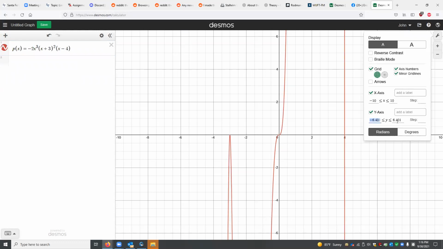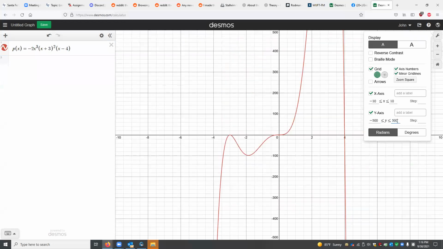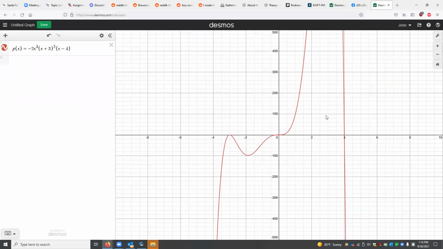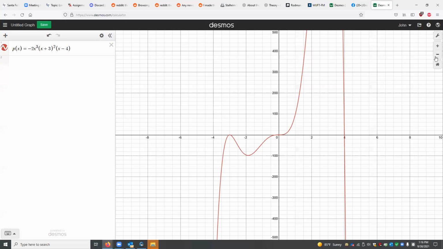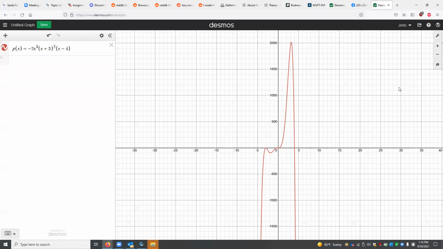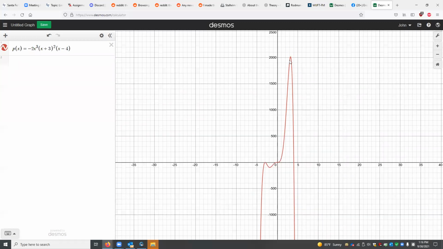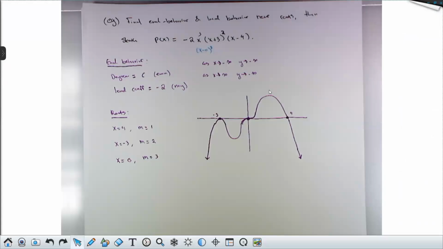So I'm going to go from negative 500 to 500, just to, whoa, look at that. Not bad. Now, the actual graph blows way up to like 2000 there, whereas mine doesn't.